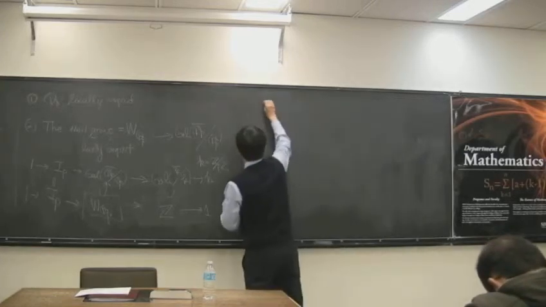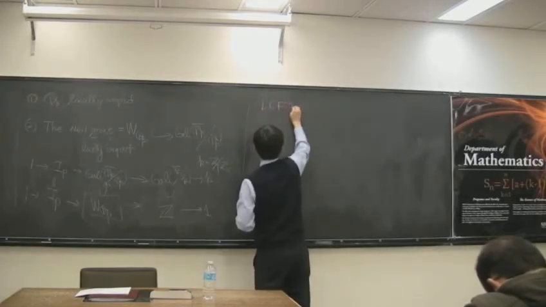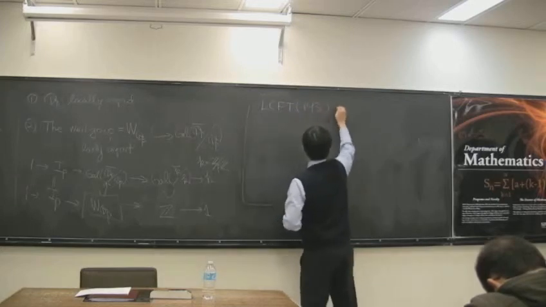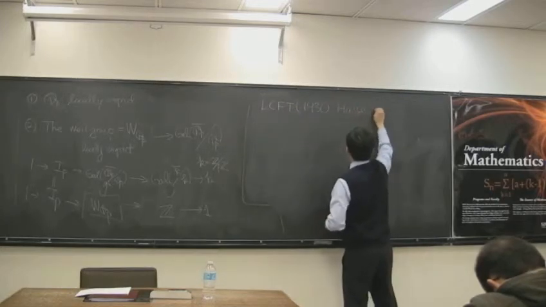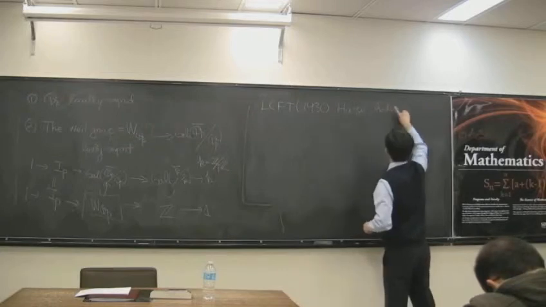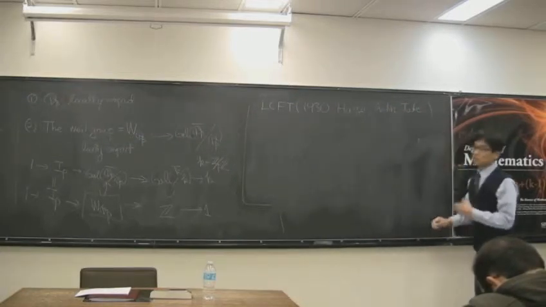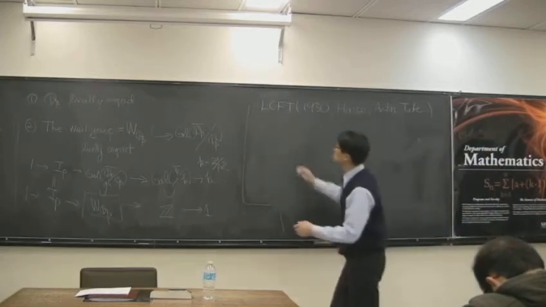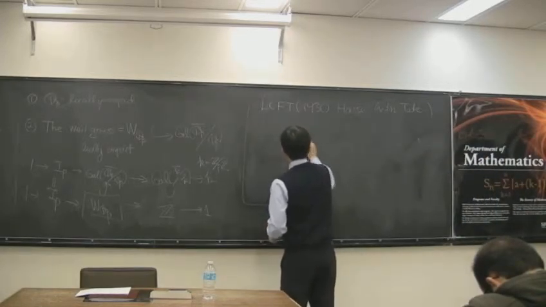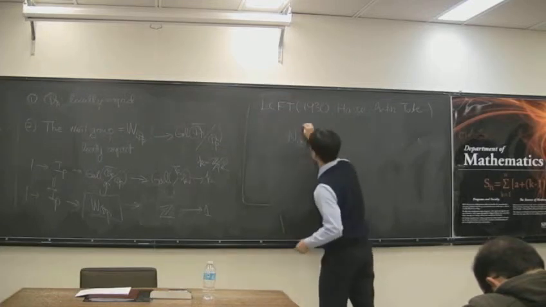Actually, here there is local class field theory, proved in the 1930s by Hasse or Artin, and then Tate, and many mathematicians, also with many different types of proofs, which says that for W_{Q_p}, we take the Abelianization.